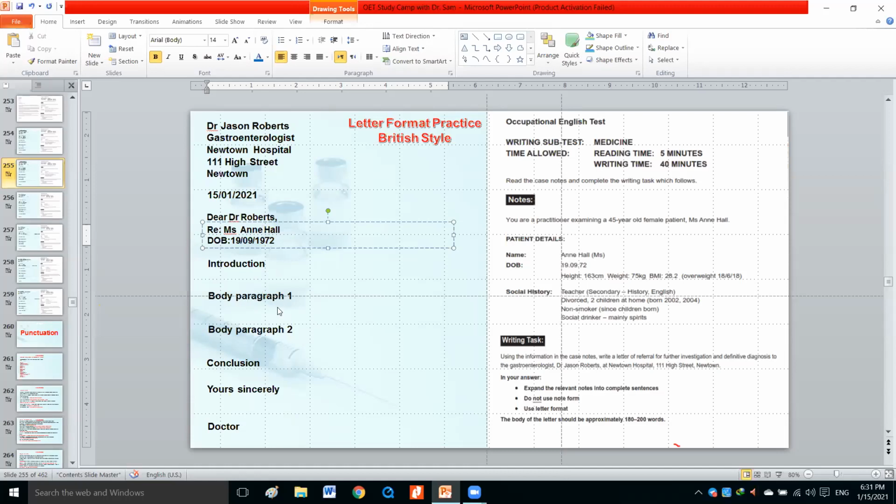Then introduction, body paragraphs 1 and 2, conclusion. Yours sincerely will have a comma, as we put the comma after Dear Doctor. Yes, correct. Thank you, doctor.